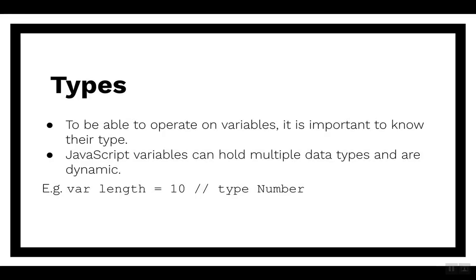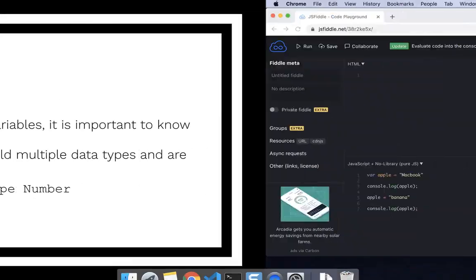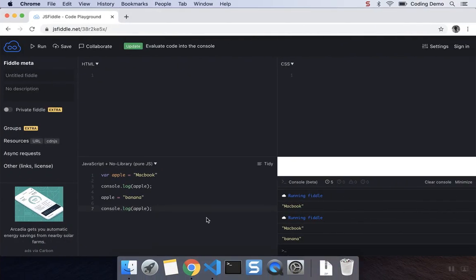Types. Okay, to be able to operate on variables, we need to understand what type of data they're holding. So in this example right here, you see on the screen, it says var length equal to 10. So when we assign it to 10, that means the data that the length variable is holding is of type number. Now if we go back to our example right here, the variable Apple is holding the type of data string.